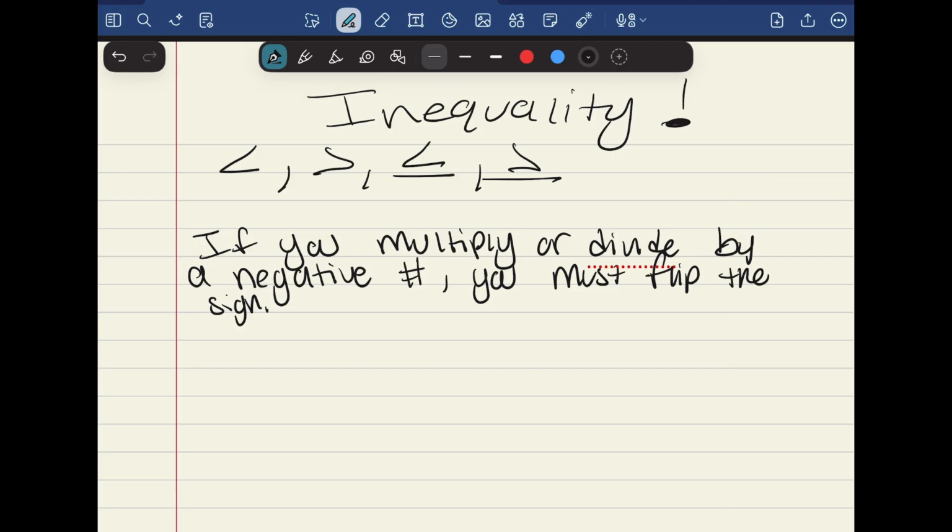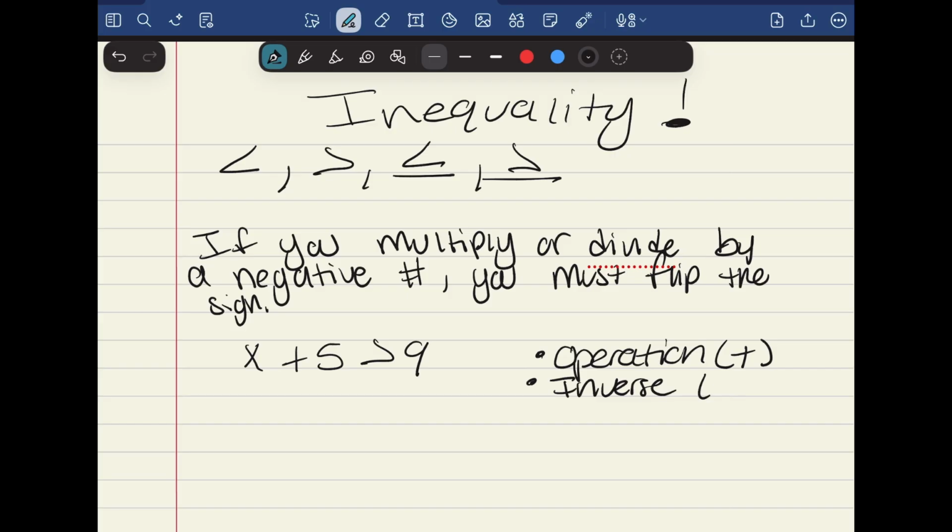So let's first do an easy one. This will be solved the exact same way as our equations. The only difference is that it has a different sign. So I identify my operation: addition. Identify my inverse. Remember, opposite, subtraction.